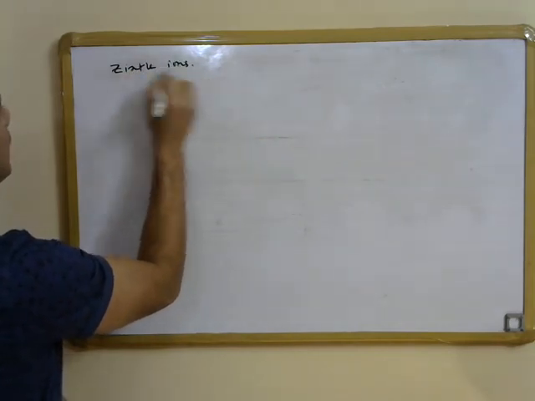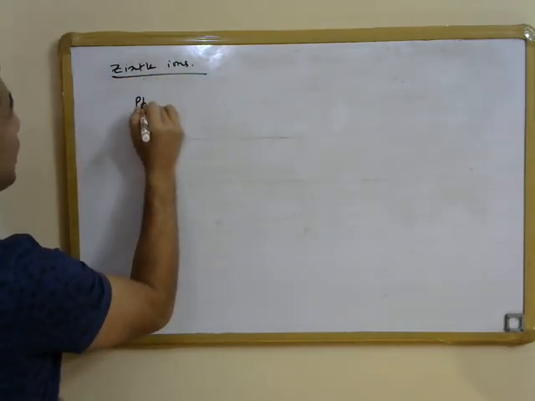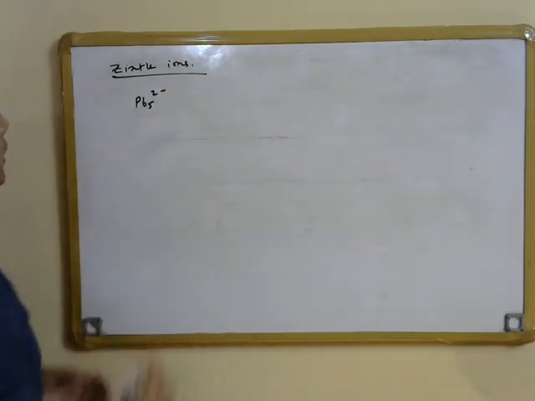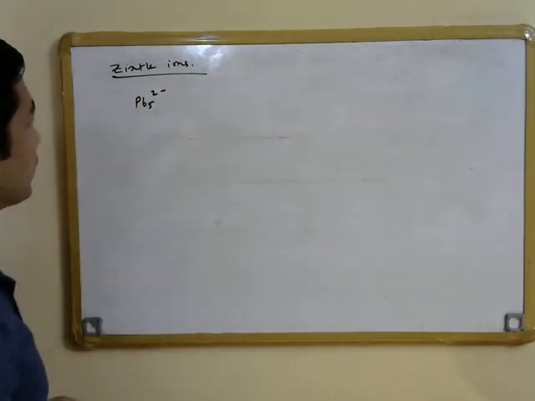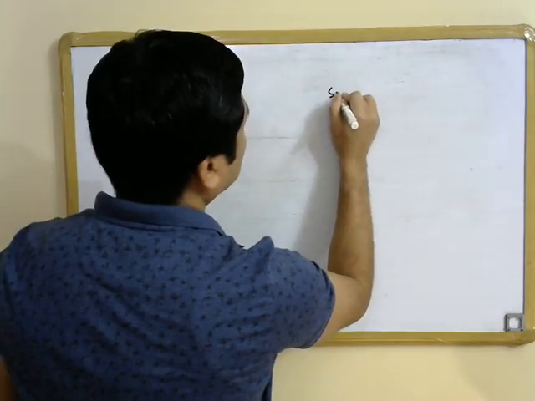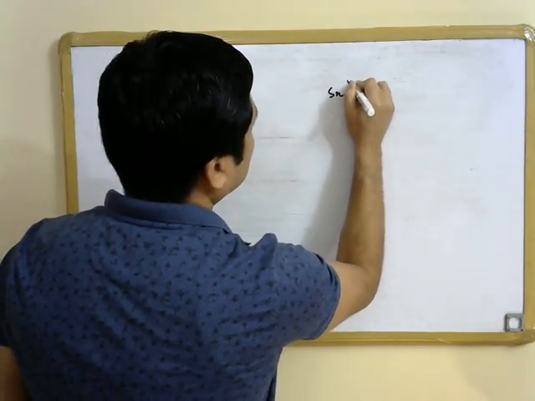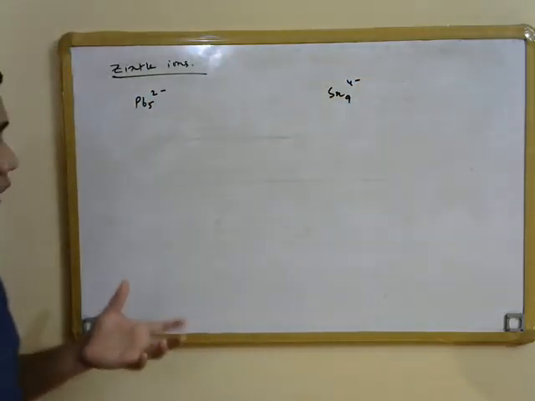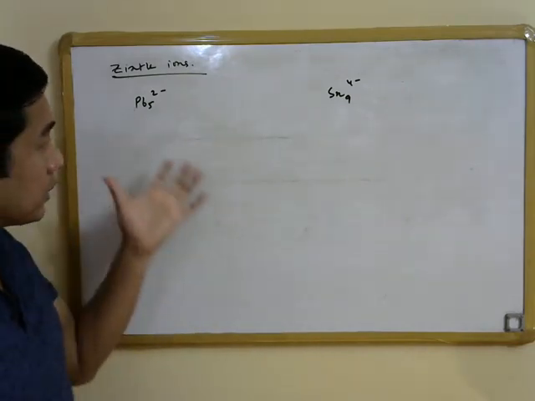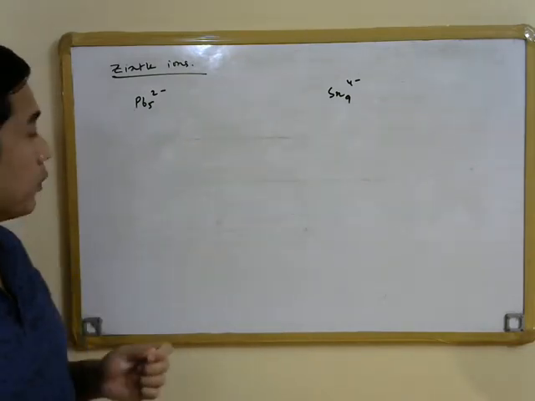Examples of such Zintl ions are Pb5 2-negative or Sn9 4-negative. This sort of Zintl ions with interesting structures are well known.